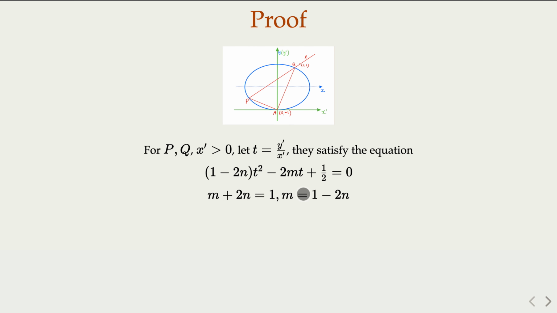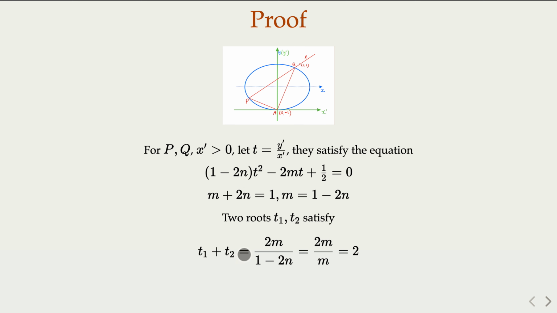Let's recap. We know that t satisfies this quadratic equation. In the meantime, because L passes through 1, 2 in the new coordinate, it has m equal to this, or m equal to 1 minus 2n. Now, from the quadratic equation, you know that the two roots t1, t2 satisfy that the summation t1 plus t2 is going to be 2m over 1 minus 2n.